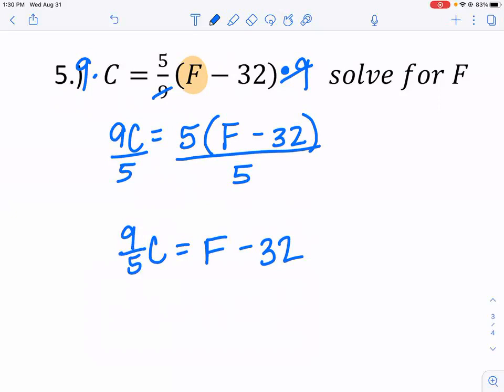Yes. You can do this in 1 step or 2. I was blowing too many minds. I didn't want brains to start falling out. So I broke it up into 2 steps. You decide what works for you. Okay. Now we're going to add 32 to both sides.